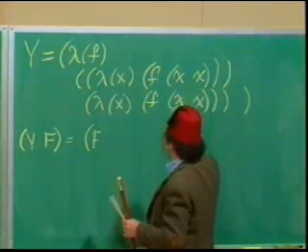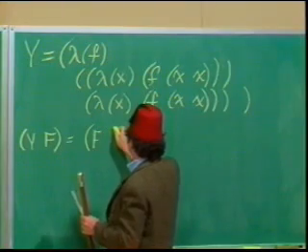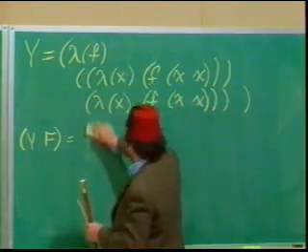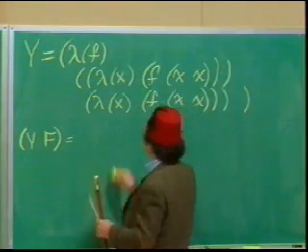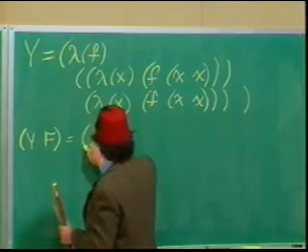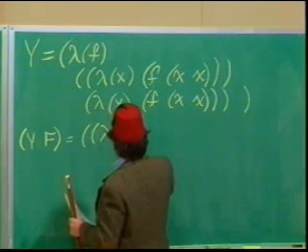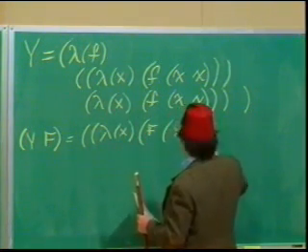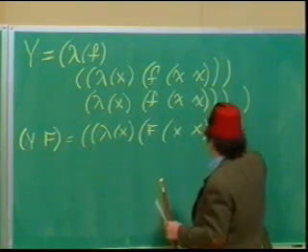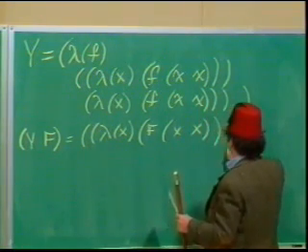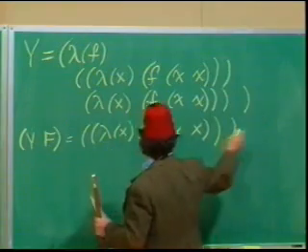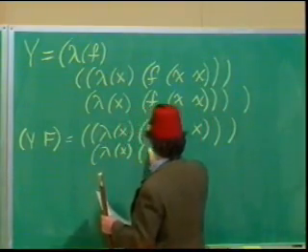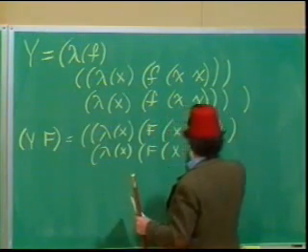So that's f of, let me actually do it in steps so you can see it completely. I'm going to be very careful. This is open, lambda of x, capital F, x, x, applied to itself. F of x of x.